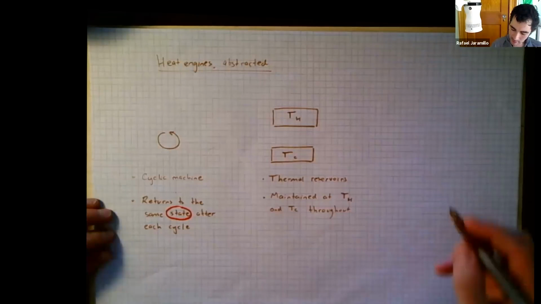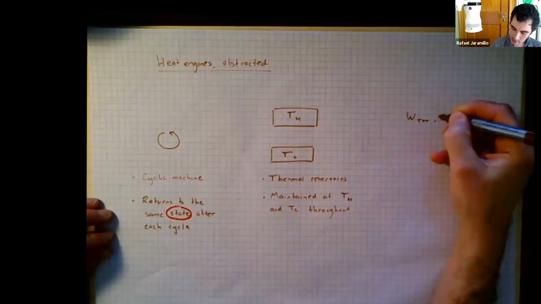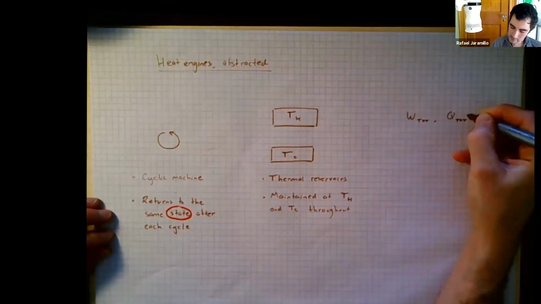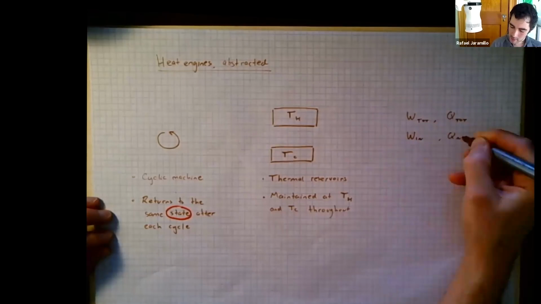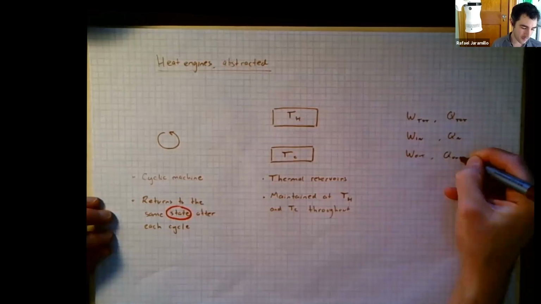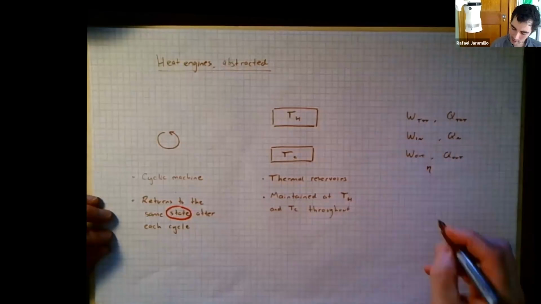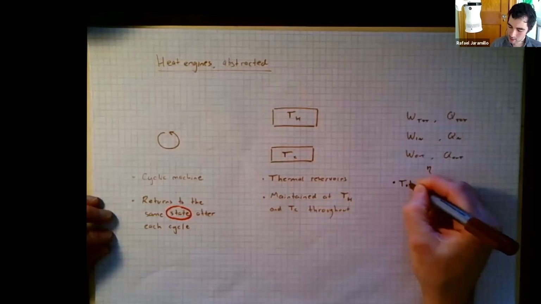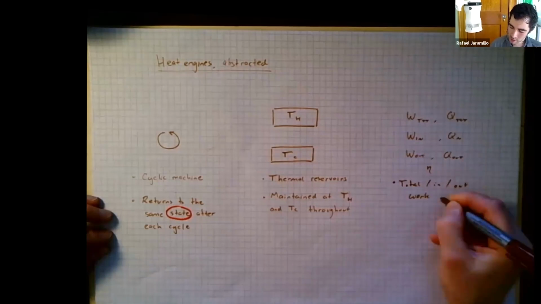We have total work, total heat, work in, heat in, work out, heat out, and eta. So total work, total in, out, work, and heat.